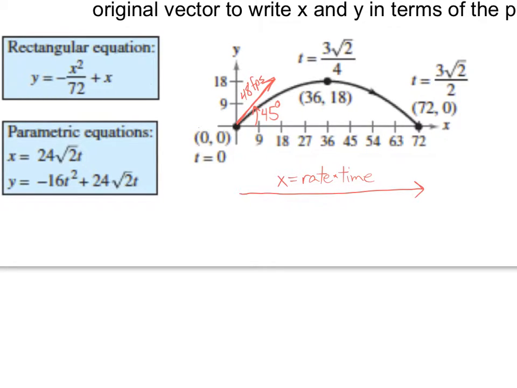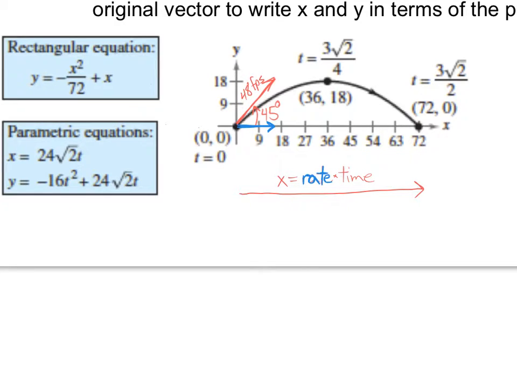So as we look at this, we're going to find the horizontal component, and that's what we're going to use as this rate. Now, how do we find the horizontal component? Cosine. Cosine.